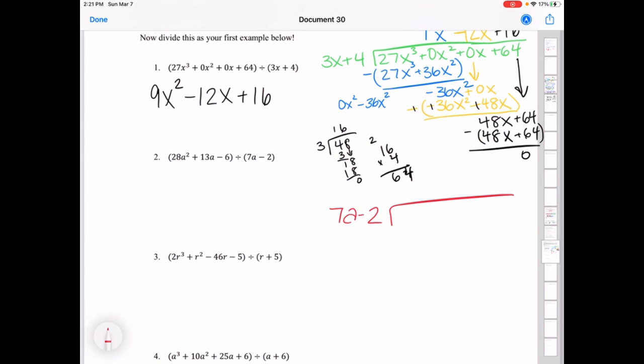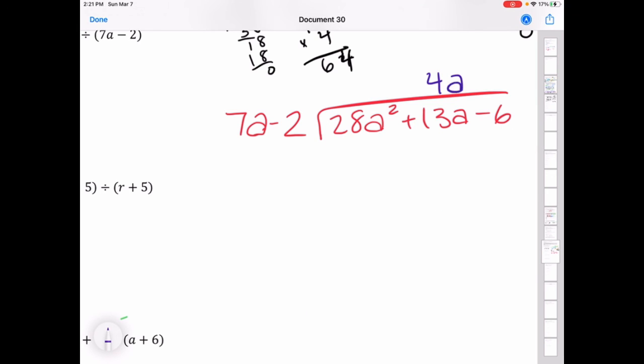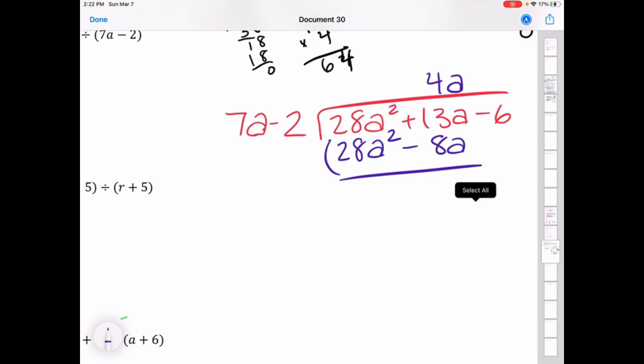Number 2, I know that to get a squared, I need something with an a. I know that 7 times 4 is 28. Okay, 4a. 4a times 7a is 28a squared. 4a times negative 2 is negative 8a. Remember, you're subtracting this.